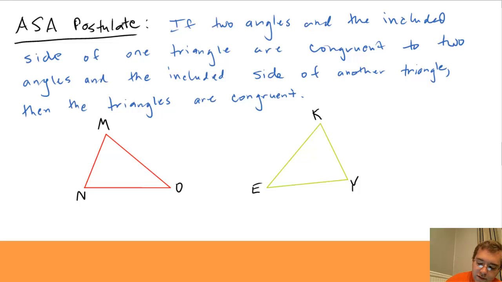So, on the triangles I've drawn here, if we know angle N is congruent to angle Y, and angle, say, M is congruent to angle K, what else do we need for this postulate to be applicable? We need the side that's included by those angles. Side included by N and M is side NM.